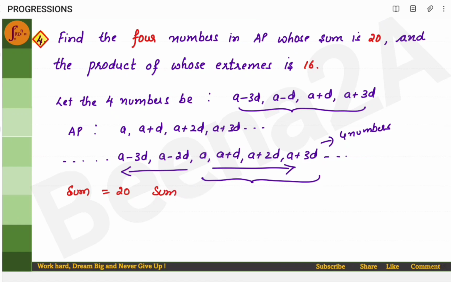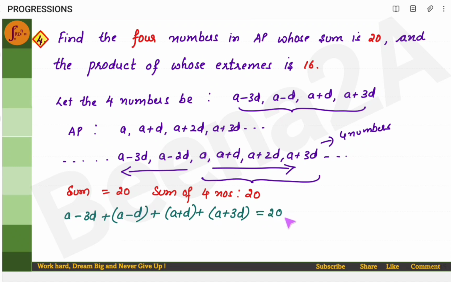Sum of the 4 numbers is 20, which means a minus 3d, let's add up all these, plus a minus d plus a plus d plus a plus 3d. Sum means addition of these 4 numbers. When you add all the 4 numbers, it is going to be 20 is what the problem tells, right?